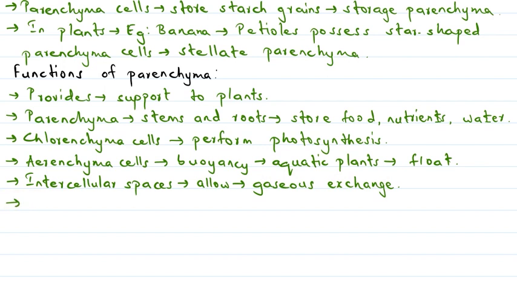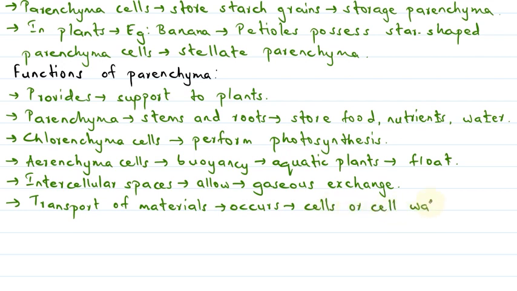Then the transport of materials occurs through the cells or cell walls of the parenchyma. Okay, they help in transport of materials, and this occurs through cells or the cell walls of parenchyma tissue.